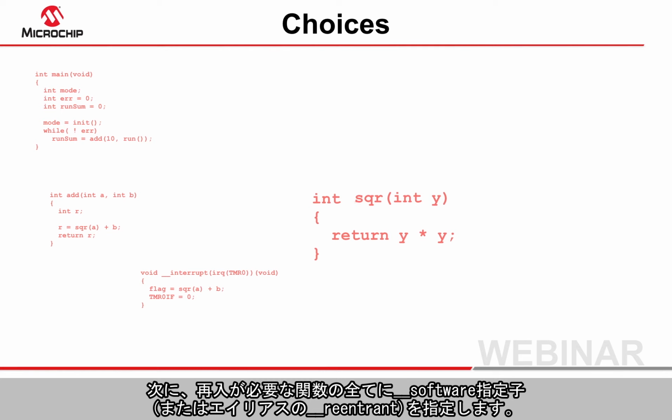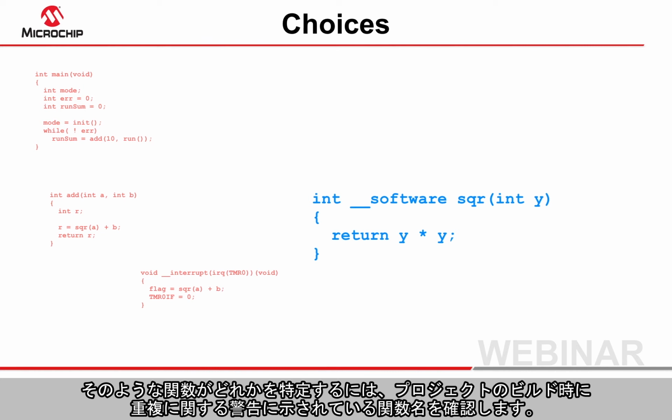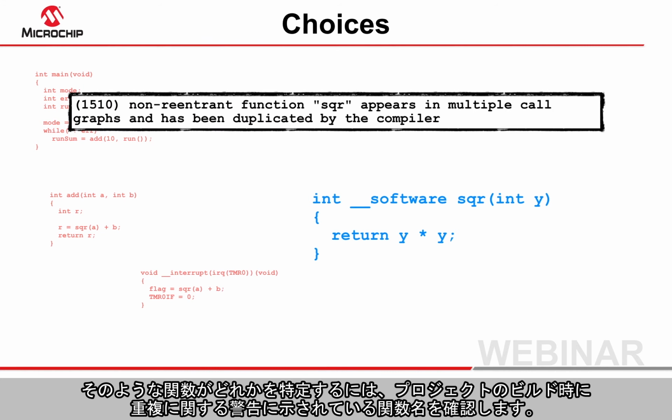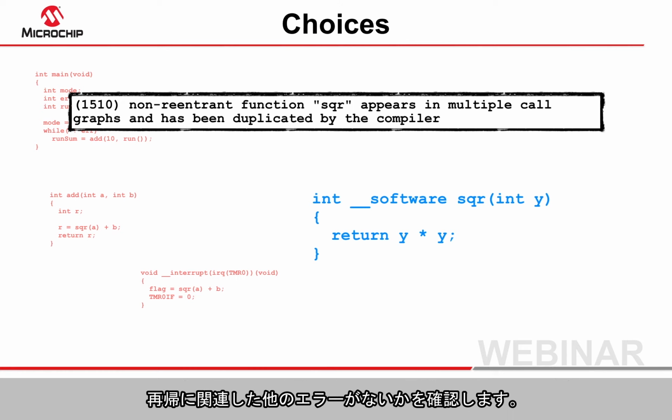Next, use the _software specifier, or its alias _reentrant, with any function that needs to be reentrant. To determine which functions those are, look for the function names shown in warnings relating to duplication when you build your project. Check for other errors relating to recursion.